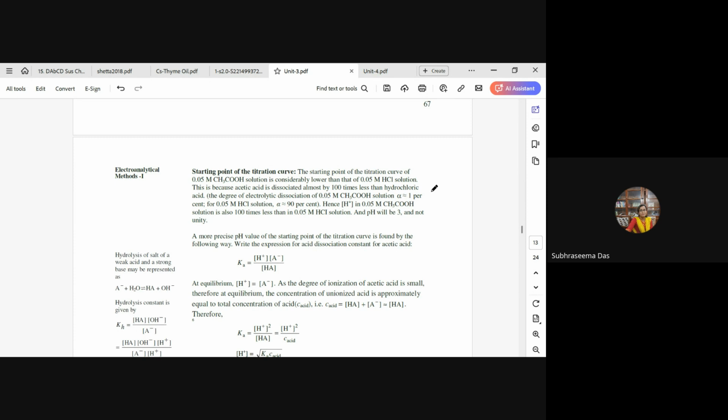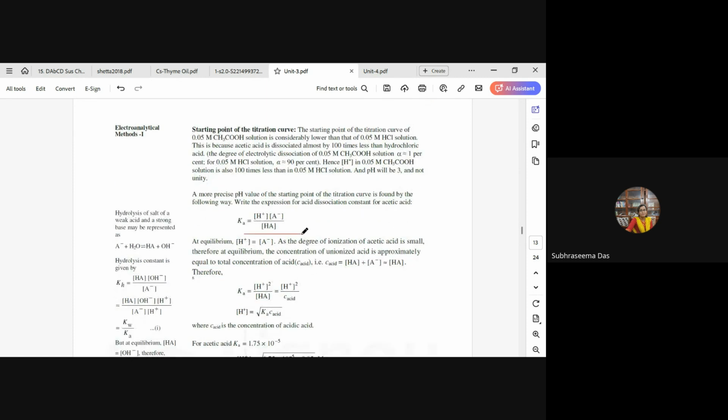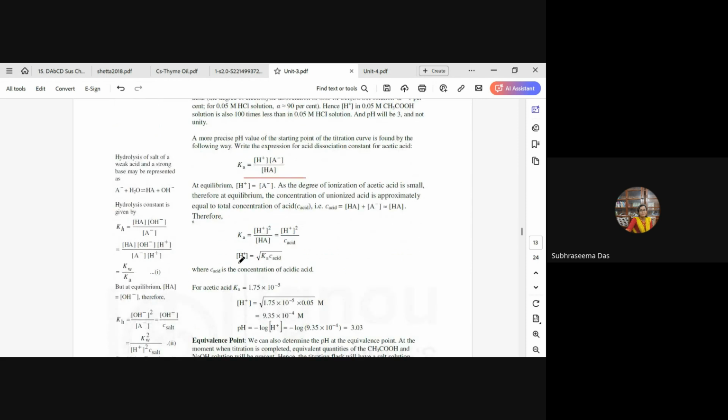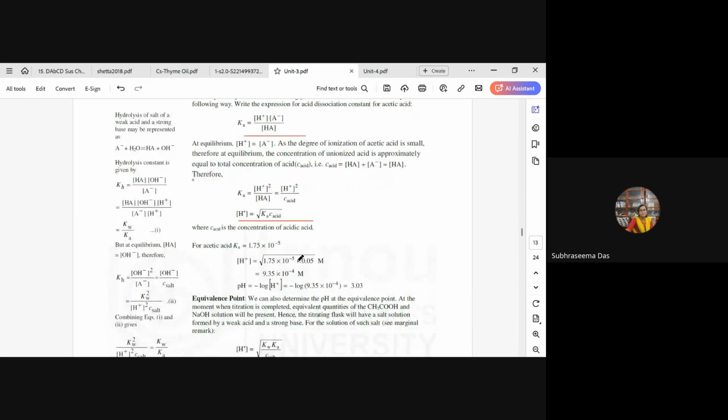So here, to find the pH, we can write Ka as the concentration of H plus into A minus by HA, and then we have this equation: the concentration of H plus is equal to root over Ka into C of acid, where Ka is called the dissociation constant of the acid, and C is the concentration of the acid.